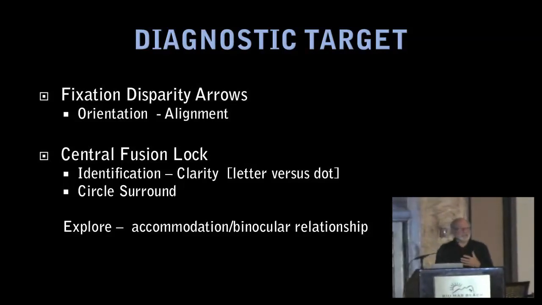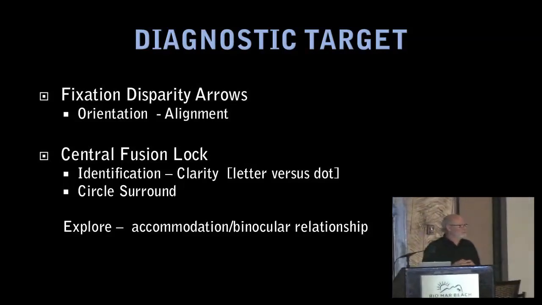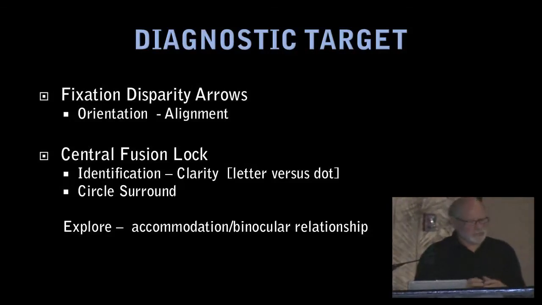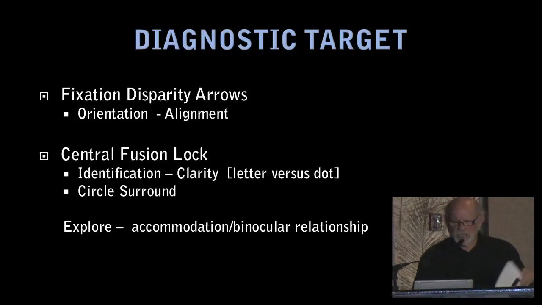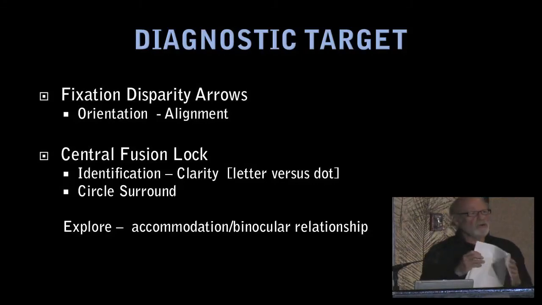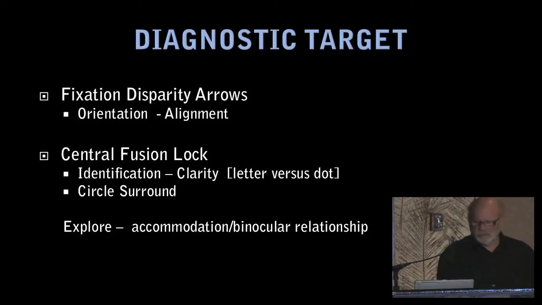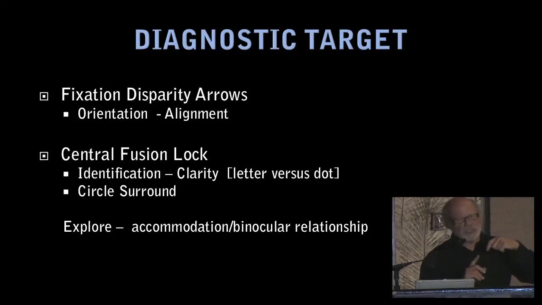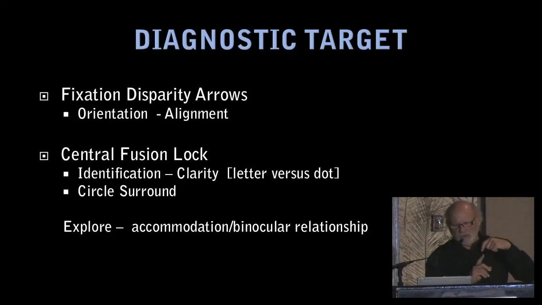The big thing here is the common fusion lock, the central common fusion lock. So when we look here, we're basically looking at orientation, which is the alignment of those fixation disparity arrows.